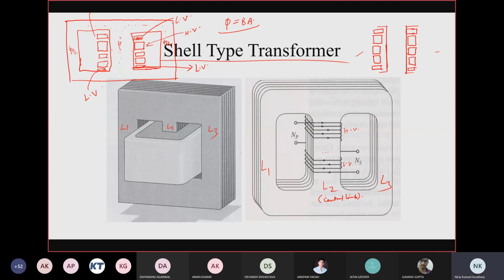So this is your low voltage, then high voltage, then low voltage, then again high voltage, and this is your low voltage. So you can see that the bottom low voltage and the top low voltage windings have half the cross section compared to the other low voltage windings, right?